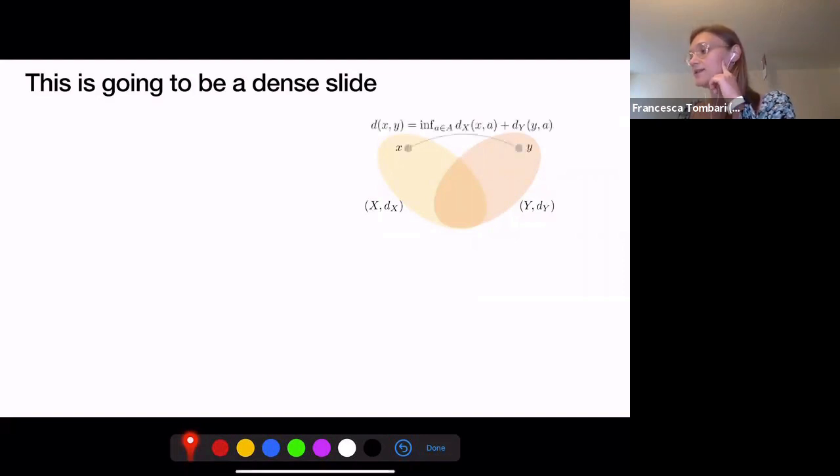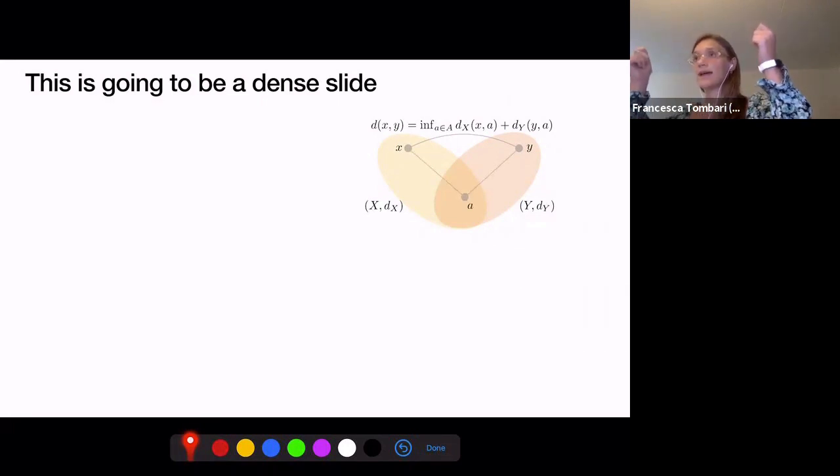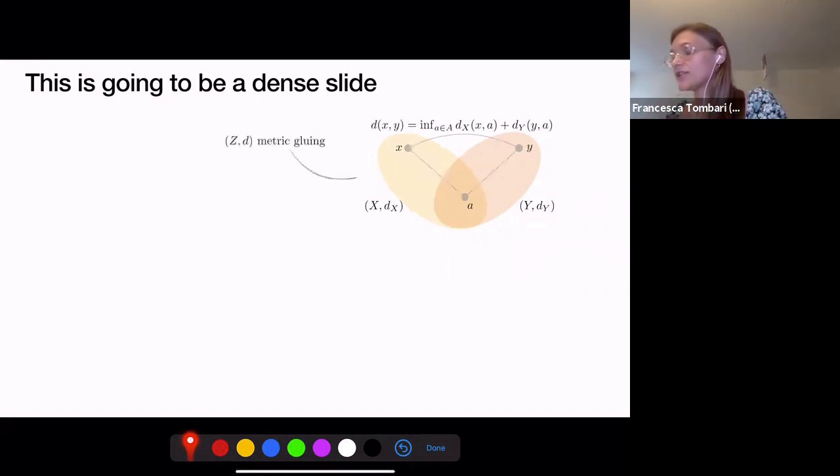Then we can define a distance from one point x in X and one point y in Y as this infimum over points in the intersection. So to measure the distance from x to y, we have to go through their intersection. And for this reason it is called a metric gluing.